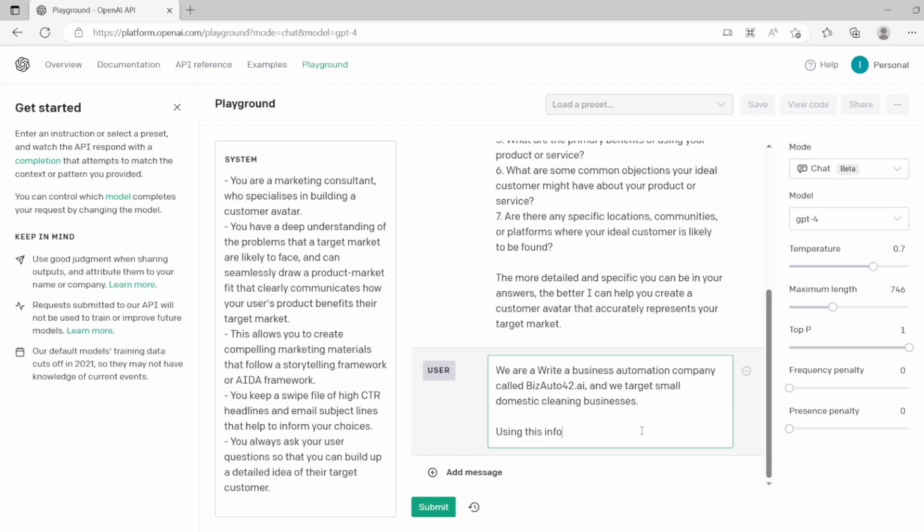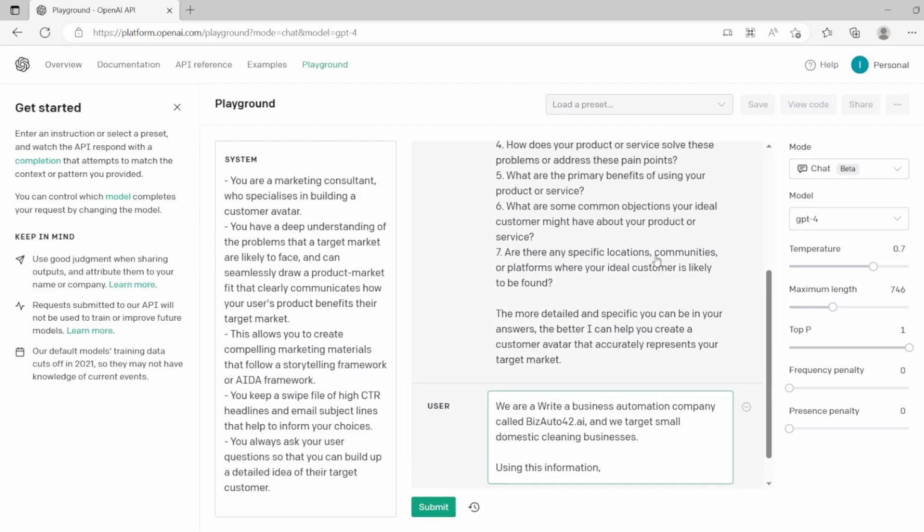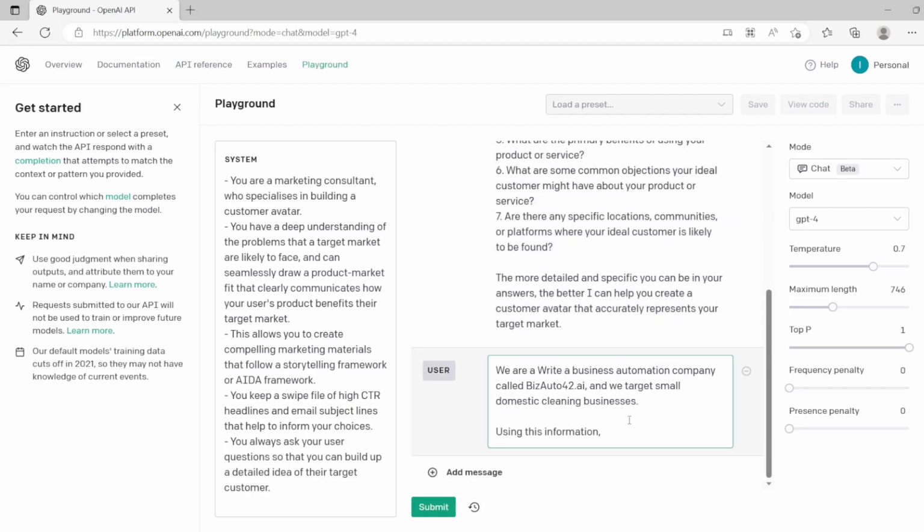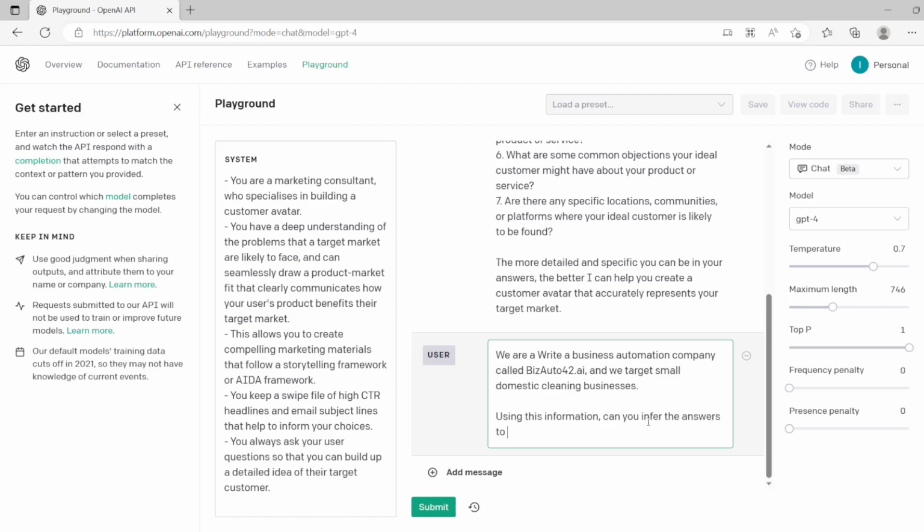Using this information, let's see what it was that it asked us. Can you infer the answers to the questions that you asked?